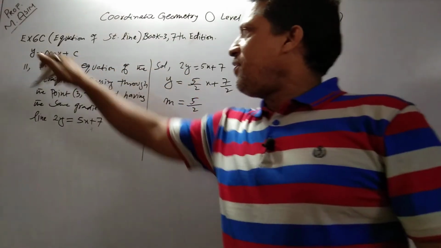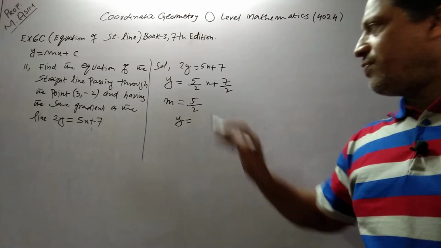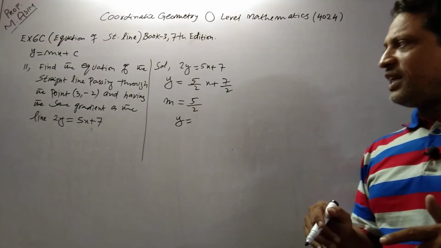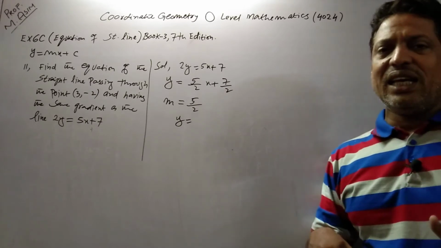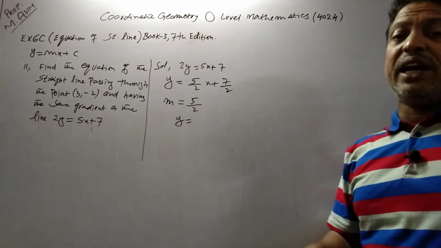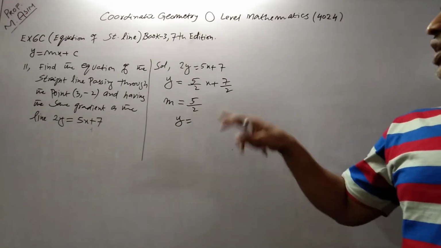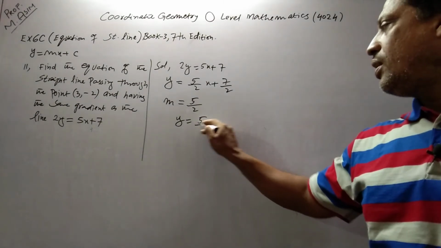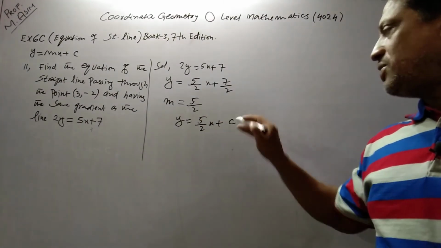Now, our equation of a straight line is y = mx + c. In the question it is given that the gradient is the same. Therefore, this gradient is also the gradient of our required line. So our required line is y = mx + c, and what is m? 5/2, so y = 5/2 x + c.